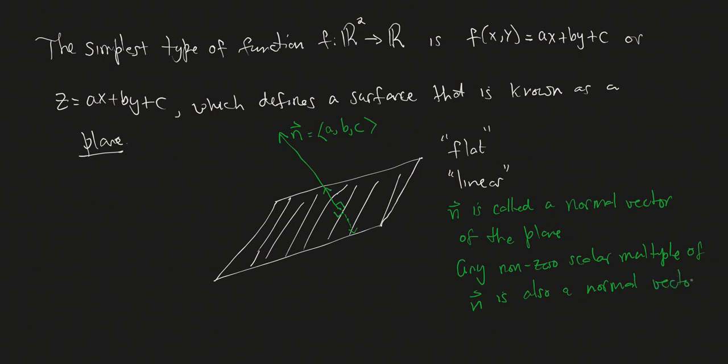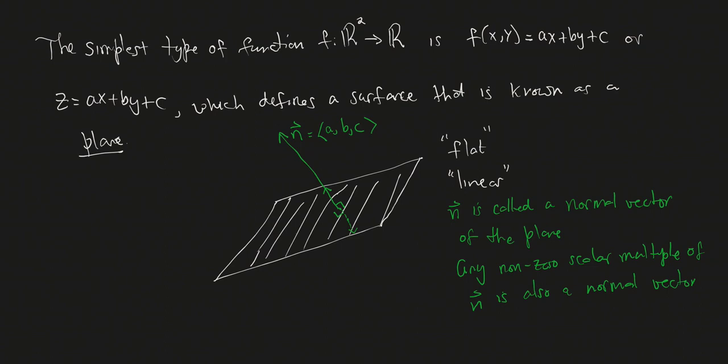We don't really care how long it is. We don't care about its magnitude. We only care about its direction. So, for instance, a vector that goes over here would not be a normal vector because it wouldn't form 90 degrees. Okay. The initial point of this normal vector, let's give it some coordinates.